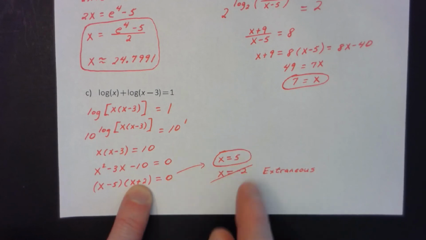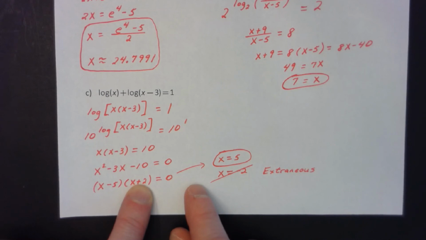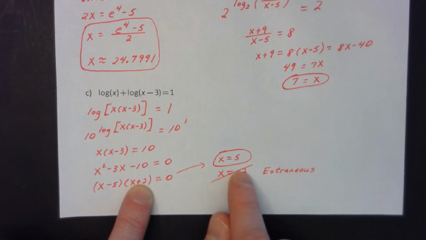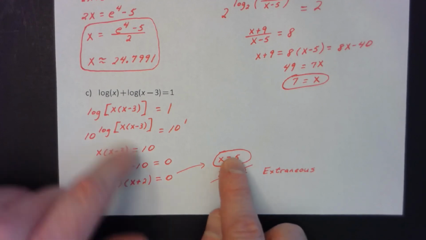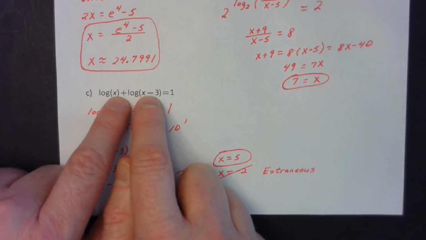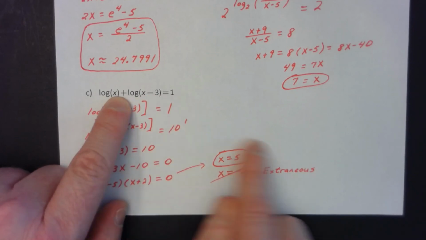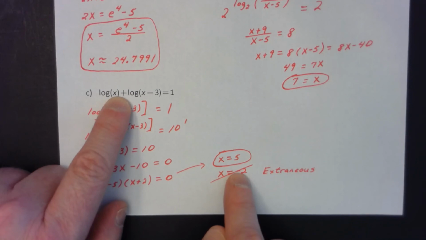Now, why did I circle the x equals 5 and restrict the x equals negative 2? It's not automatic. You don't just ignore any negative answers. But you look at the answers and you say, well, would that cause any zeros or negatives within the original logarithms? The 5 is fine. I'd have the log of 5 and the log of 2. No problem. Both of those exist. That is an answer. What about the negative 2?